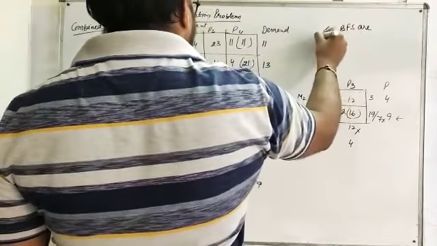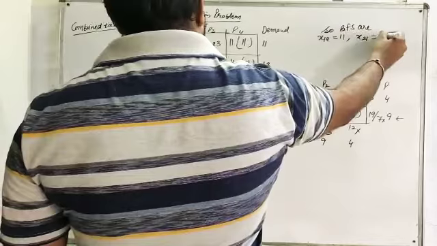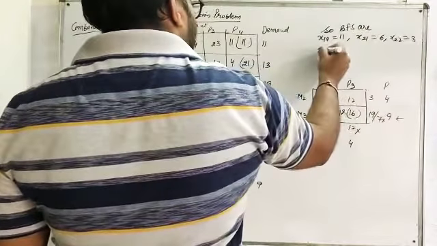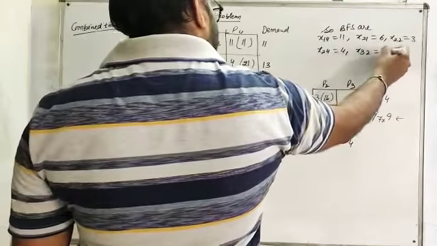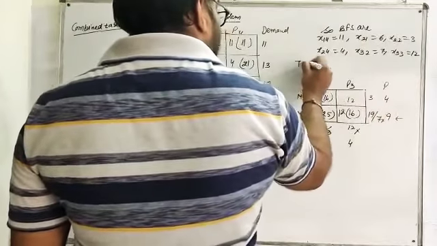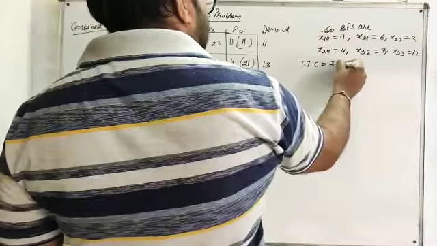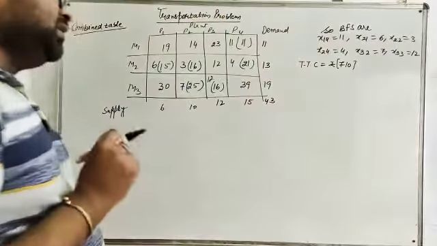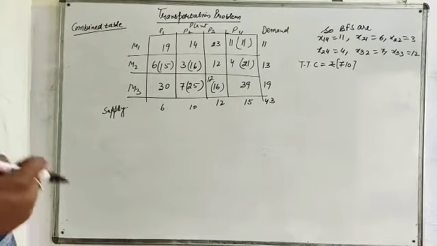BFS are X14 is equals to 11, X21 is equals to 6, X22 is also 3, X24 is equals to 4, X32 is equals to 7, X33 is equals to 12, and total transportation cost is equals to rupees 710. Now we have to test optimality first, whether optimality can be tested or not.